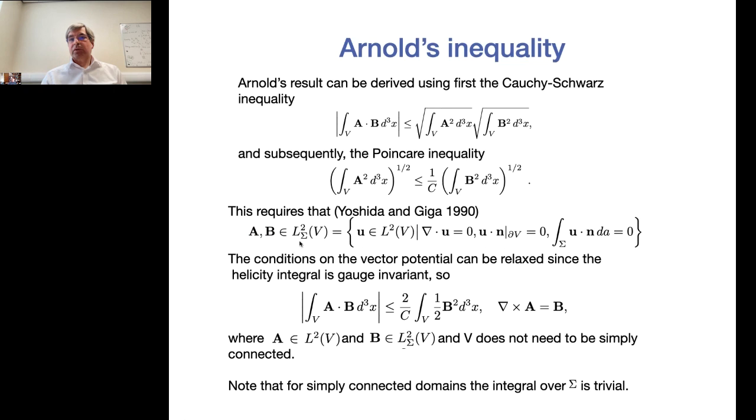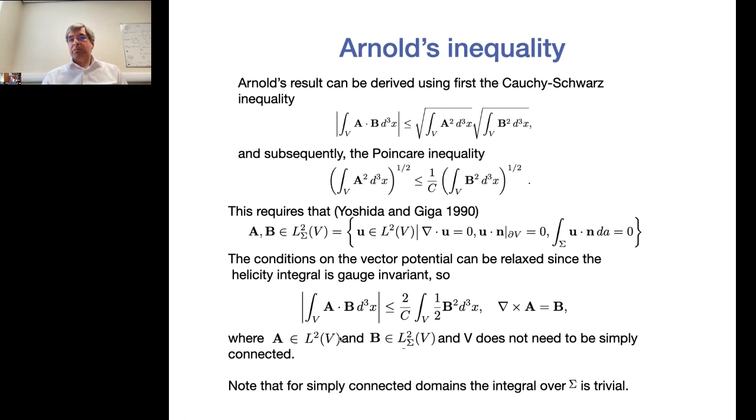This is, first of all, quite a severe constraint for both A and B, but it can actually be relaxed because we've seen that our vector helicity integral is gauge invariant, so we can add an arbitrary gradient to the vector potential. And that means that for A, we don't need the divergence equals 0 and tangent to the boundary condition.